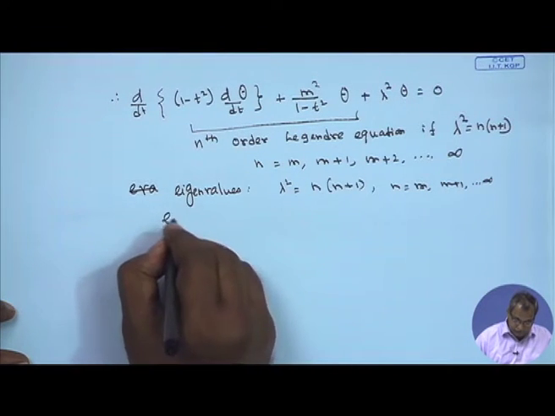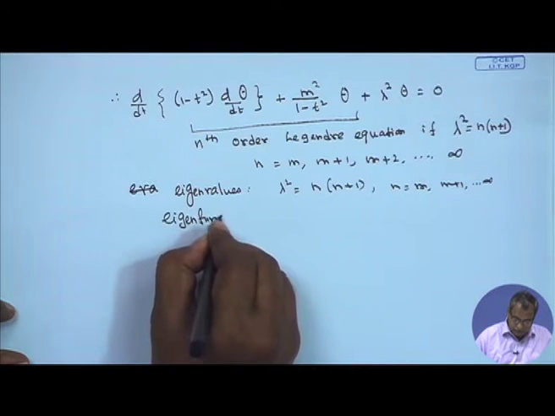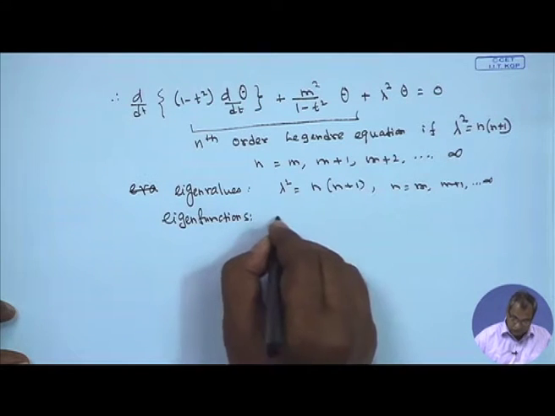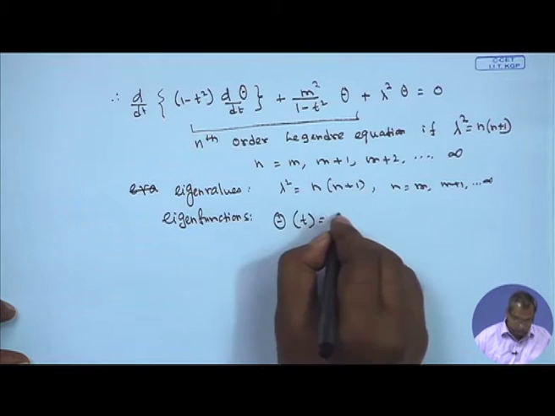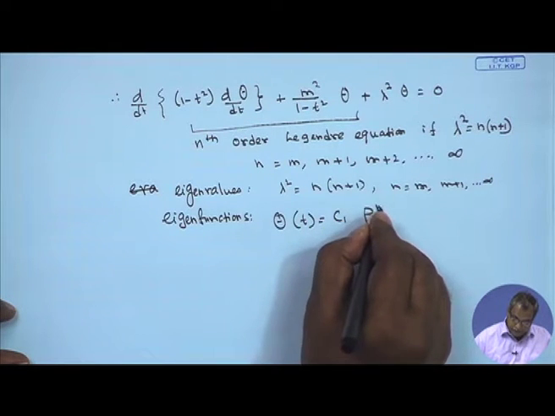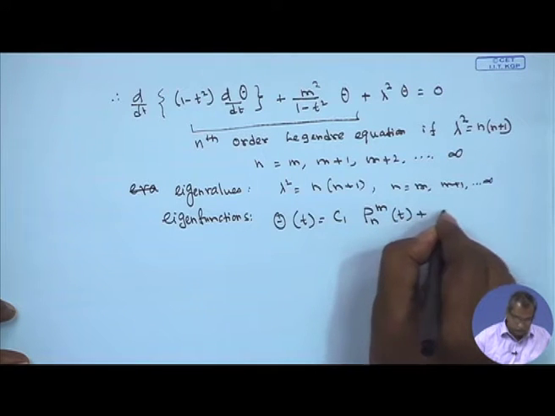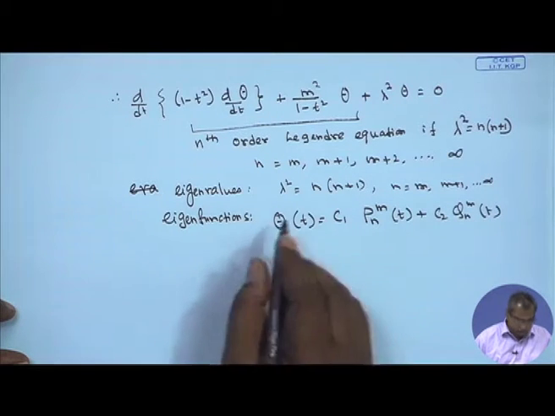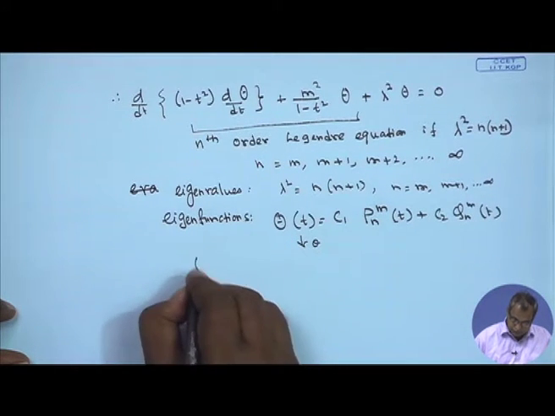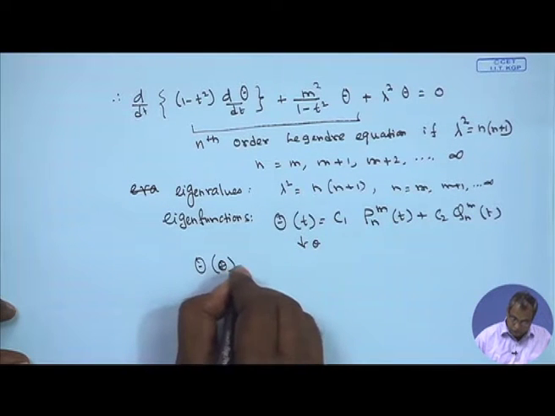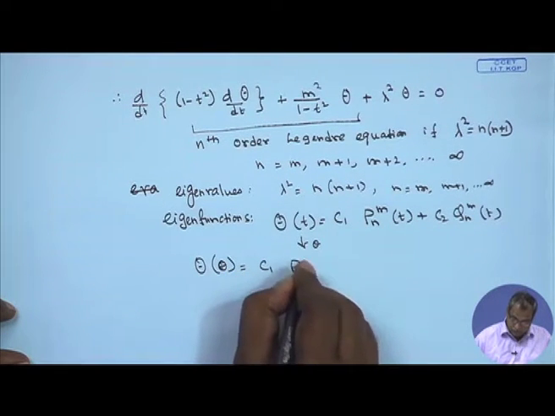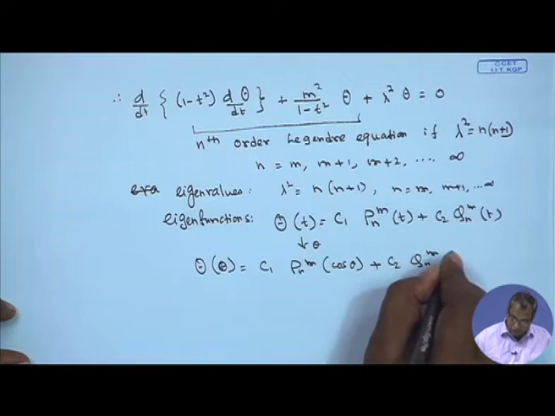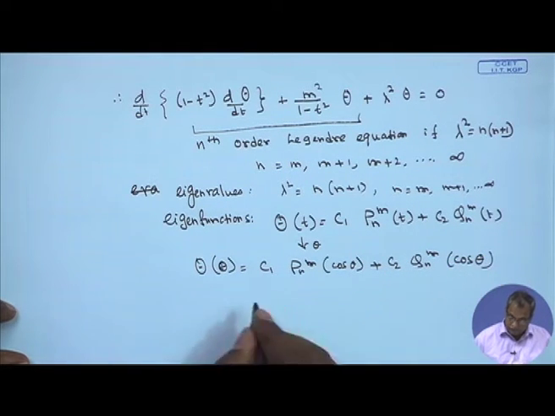And what are the eigenfunctions? Eigenfunctions will be the combination of Legendre polynomial and Legendre function. So Theta of t will be nothing but C1 Pn^m(t) plus C2 Qn^m(t), and in terms of theta, it is C1 Pn^m(cosine theta) plus C2 Qn^m(cosine theta).